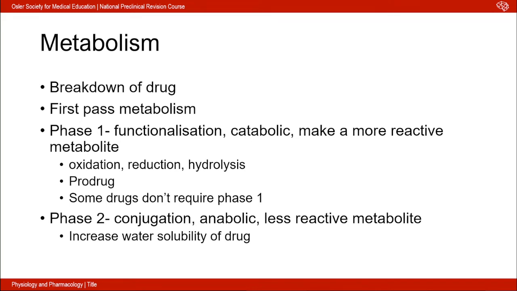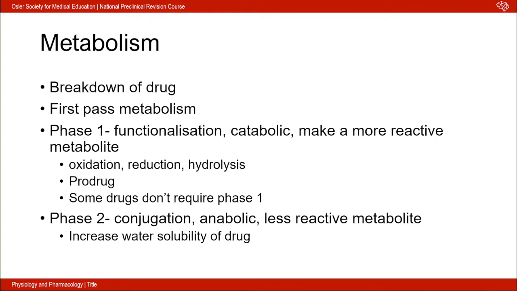And then phase 2 metabolism is the production of polar compounds, which are ready for renal elimination. And this can be either of the drug itself or its phase 1 metabolite, depending on whether it underwent phase 1 or not. And these reactions are anabolic, and they tend to be conjugation reactions, and essentially make a less reactive metabolite.